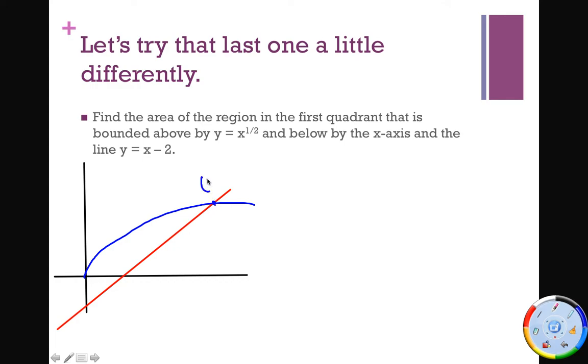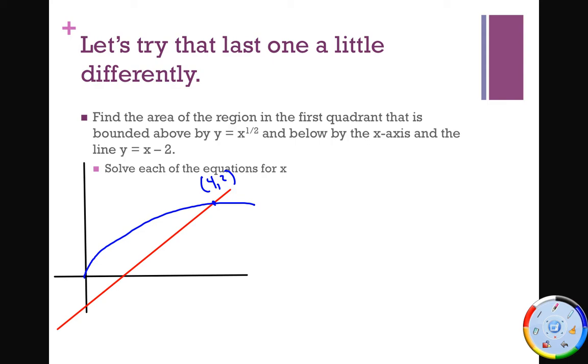All right, so we have to remember that this is the point 4, 2. And what we're actually going to do here is something that's not exactly intuitive, but this is the bigger new thing for today. We're going to solve both equations for x.